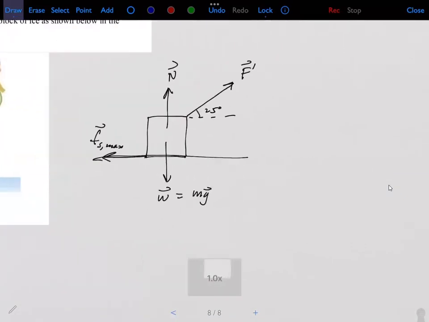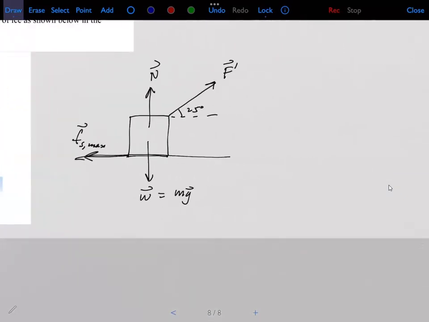Let's start by finding the components of F prime. So if I project this onto the x-axis, this is F prime x, project it onto the y-axis, this is F prime y, right? And this angle is 25 degrees.